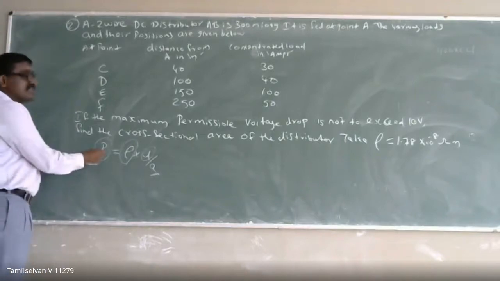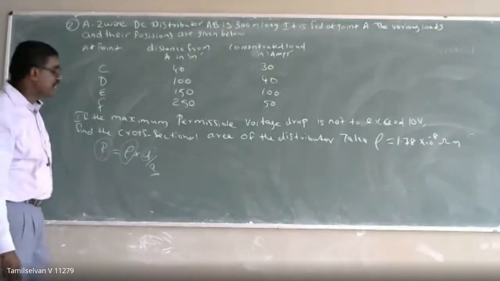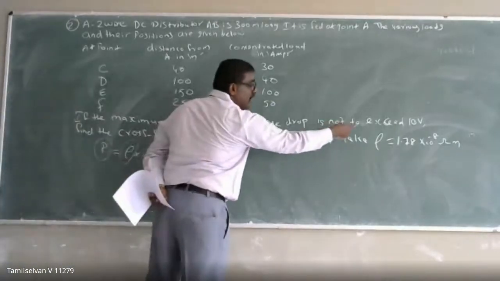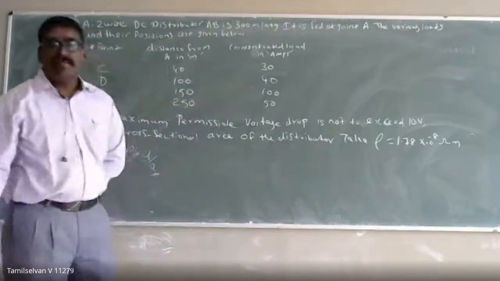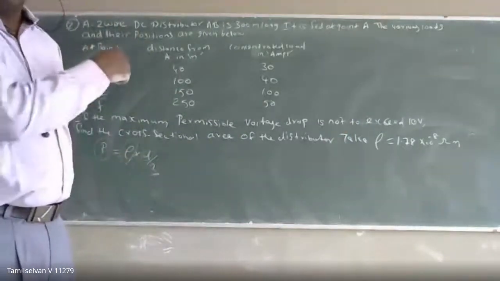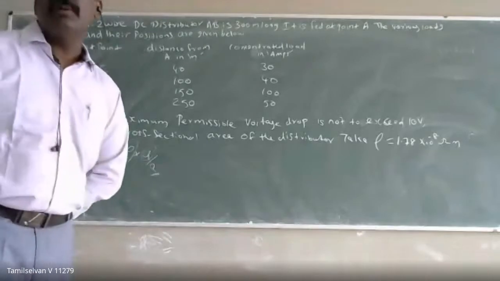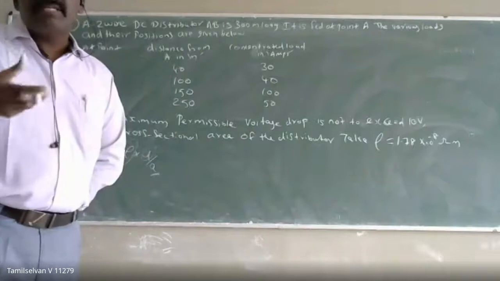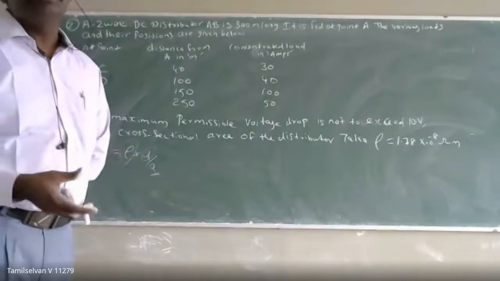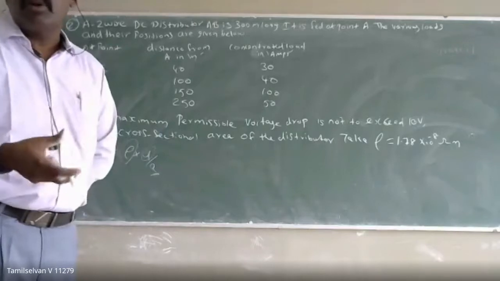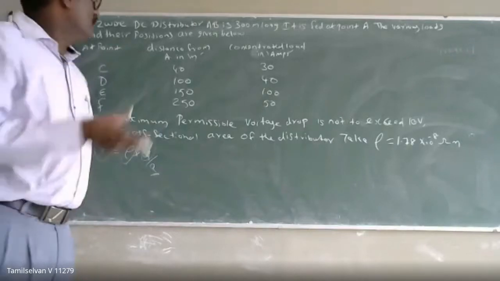To calculate the resistance, they gave the hint: the maximum permissible voltage drop not to exceed 10 volt. It means from the feeding point A to the end point F, the maximum drop in voltage is 10 volt.